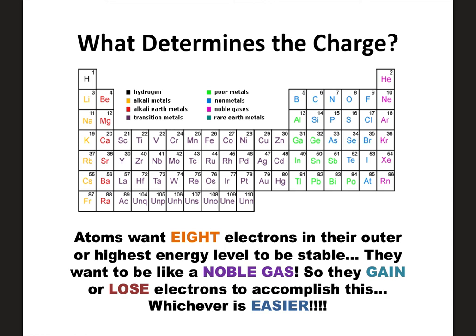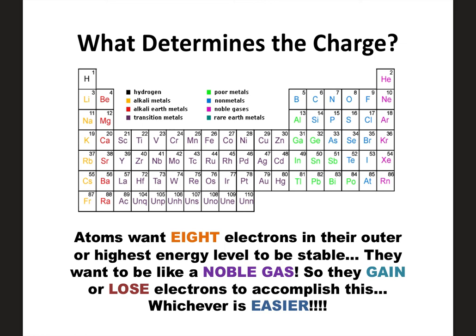Realize here that when atoms gain or lose electrons, they're not becoming a noble gas because their protons are not changing. But in terms of their electron configuration, they are gaining or losing electrons so that their electron configuration resembles a noble gas. And they do whatever's easier.